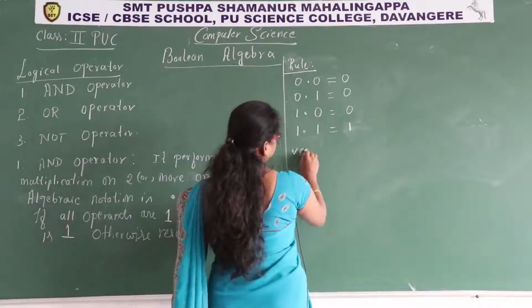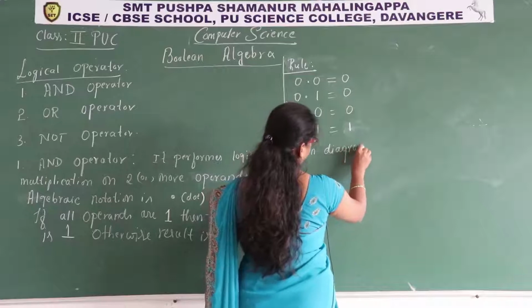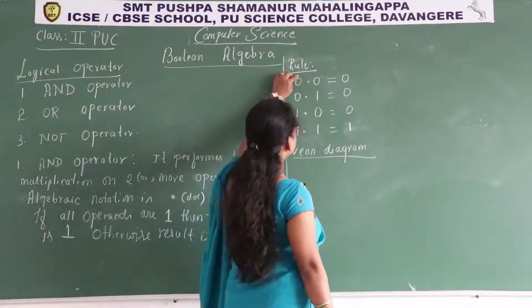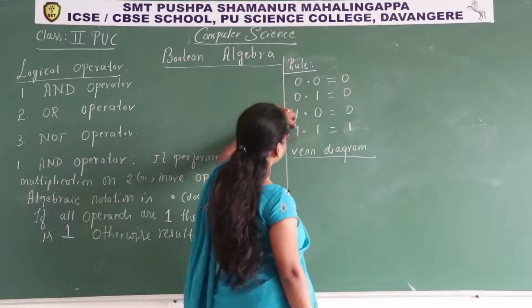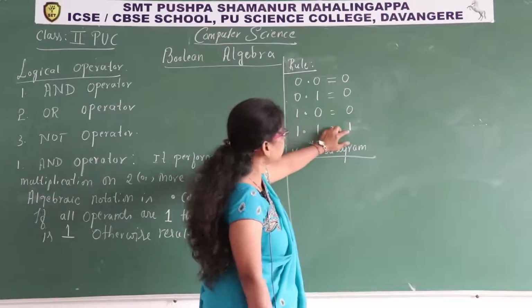Next, the Venn diagram. Let us consider this is set A and this is set B. When both sets have 1, then the output is high.